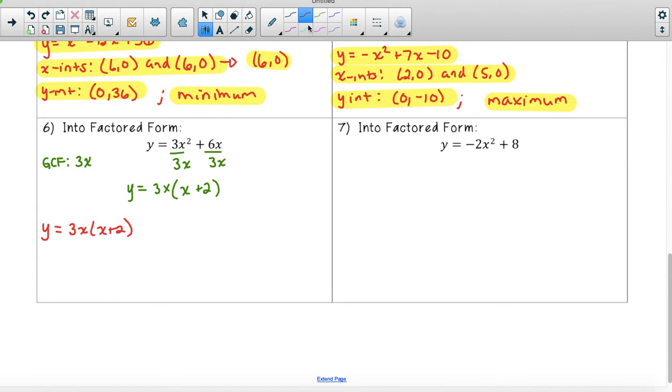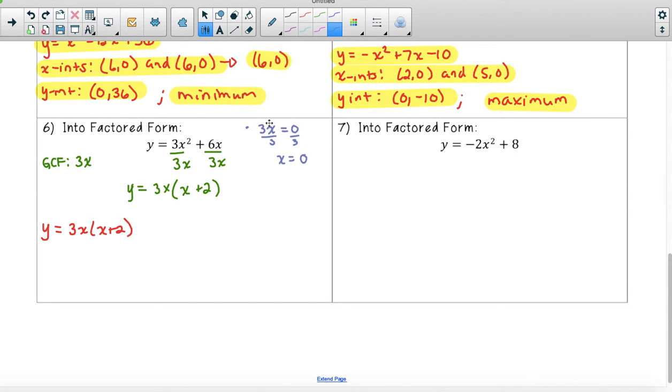To find our x-intercepts, we take all of our linear factors, which also include that 3x, because this does include a 3 times x. That's the first one we take. We take our 3x and set it equal to 0. We divide by 3 in this case, and we get x equals 0 divided by 3, which is 0.